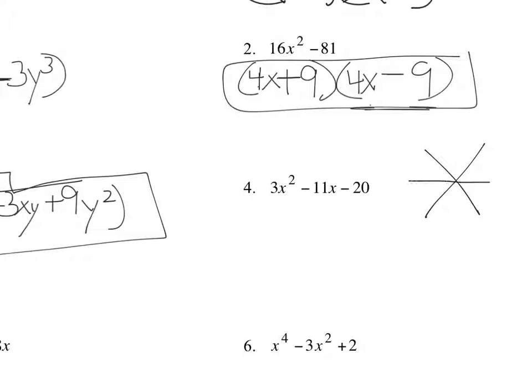So here's what we do for the star method. We make a star. I've heard it called asterisk before, but I can't really say that word, so I call it the star method. For the star method, the top is going to be a times c. So take a, which is 3, and c, which is negative 20, and multiply them together and put it right here, negative 60.